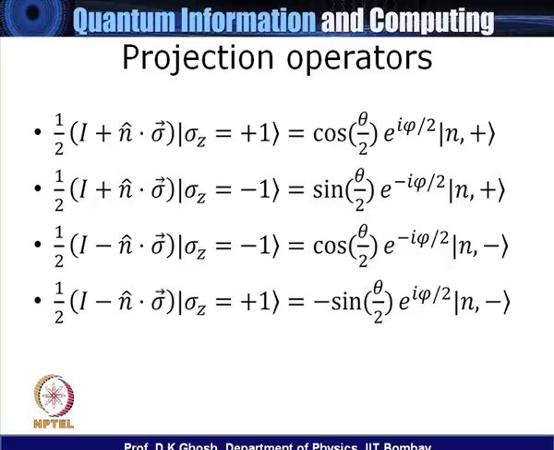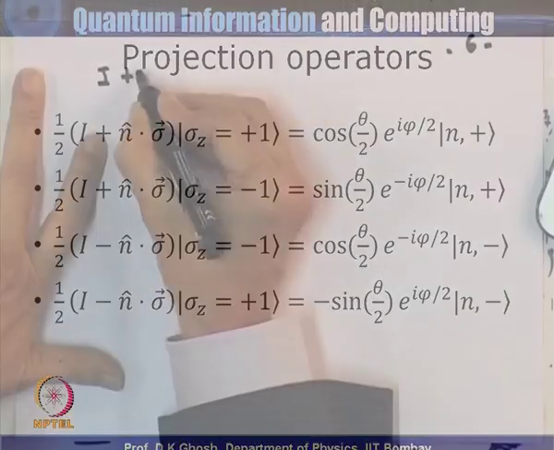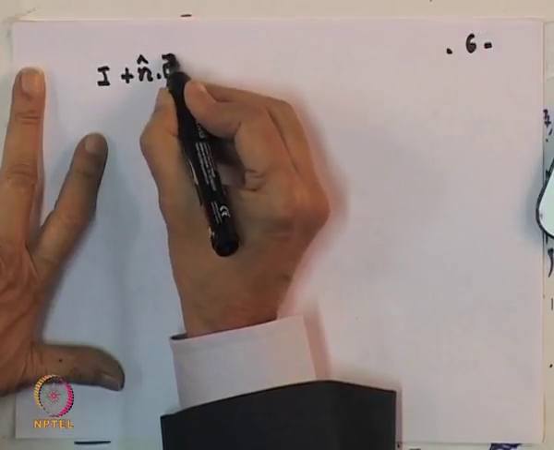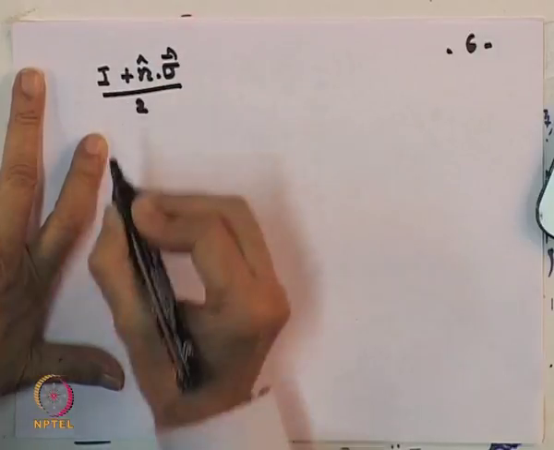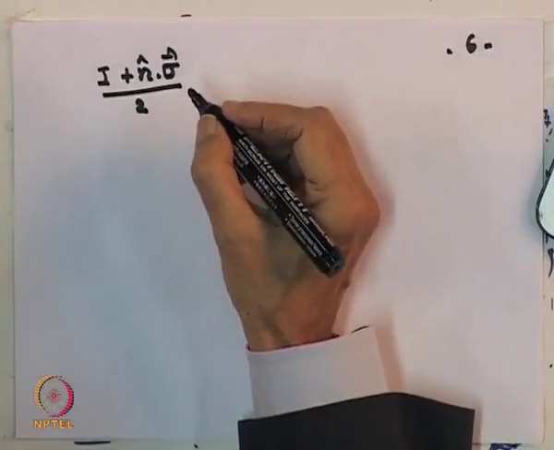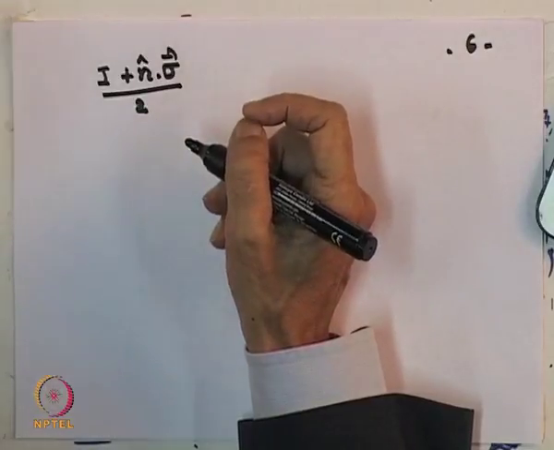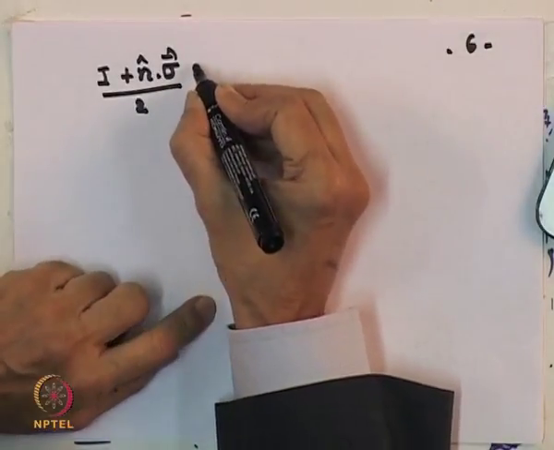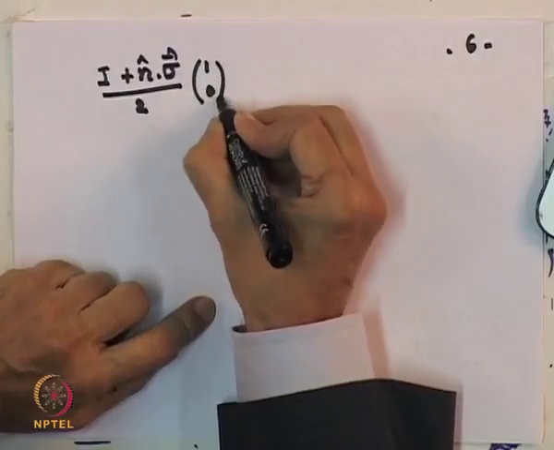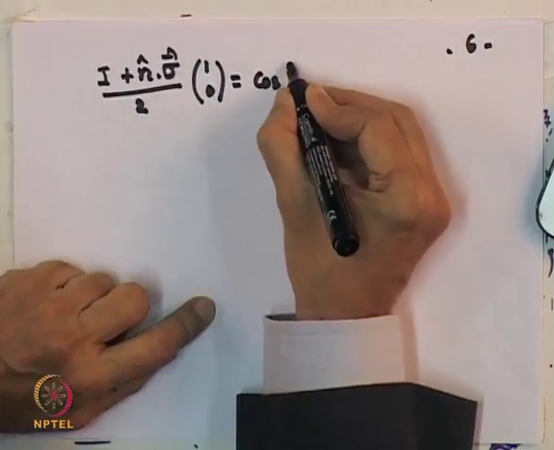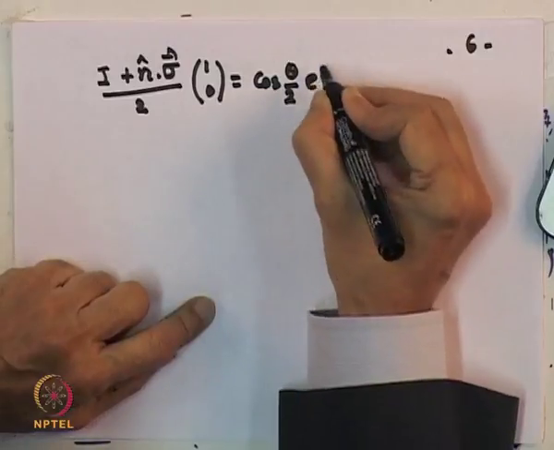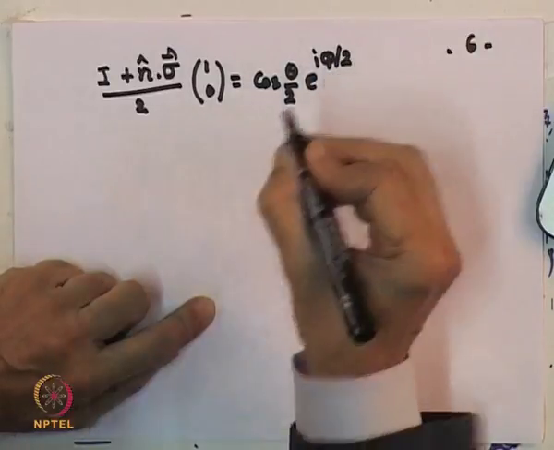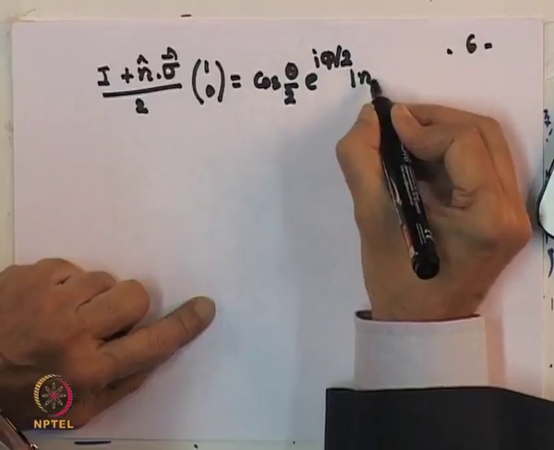So what we have shown is that 1 plus n dot sigma by 2 is a projection operator for the state n with an eigenvalue plus. And this acting on, for example, the state 1 0, we have shown, gives me cosine theta by 2 times e to the power i phi by 2, an immaterial phase factor, and n plus.